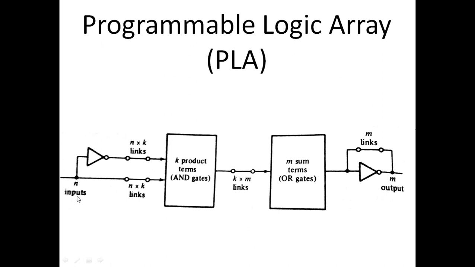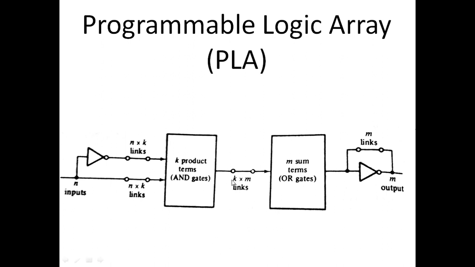The n inputs are n variables. Complemented and normal forms are given as input to these AND gates. So for example, if we have n inputs and k product terms or k AND gates, then n cross k links are for the complemented variables, and n cross k fuses or links are for the normal variables.